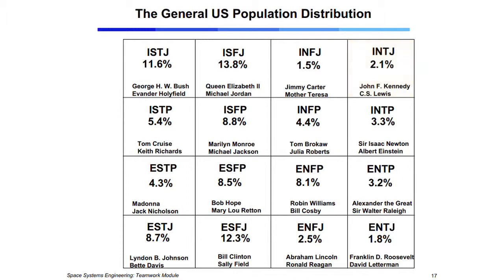My personality type is very different than John's. I'm a project manager and system engineer. I'm an ENFP, and with ENFP you see Robin Williams and Bill Cosby. Boy, that doesn't sound like a good engineer at NASA. But actually, there are a lot of attributes in being someone who is extroverted and likes to bring people together and do problem solving that are really valuable as a system engineer.